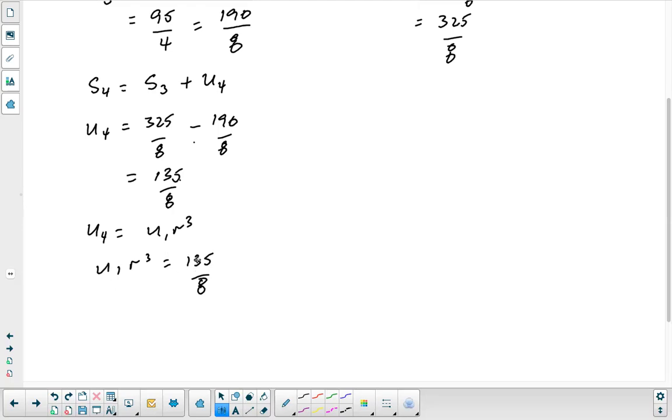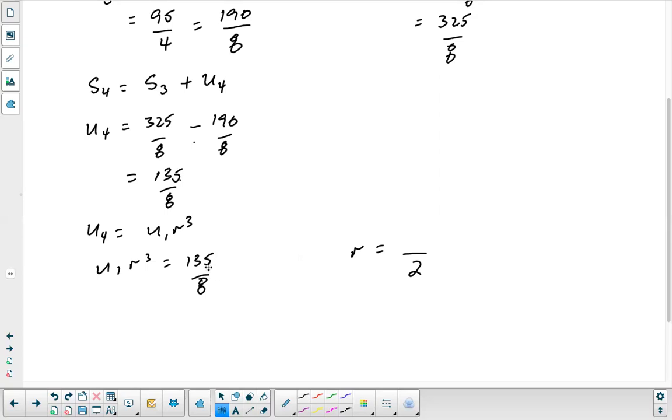Because if it's non-calculator work, you're going to get answers which are nice, either simple fractions or integers. And I looked first at the 8. So I thought maybe R is something divided by 2, because 2 cubed would be 8.